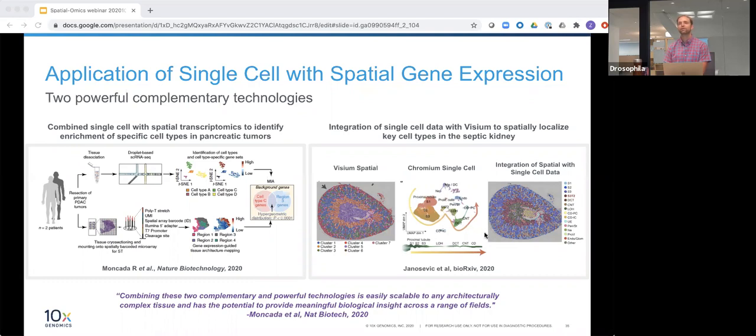But when you integrate both those data types on top of each other, you can actually find distinct cell types within these various clusters and really see the evolution of sepsis in the kidney at a cellular and molecular level. So these are both really interesting papers that came out recently combining single cell and spatial technologies.